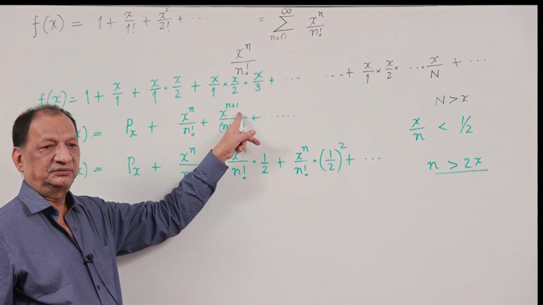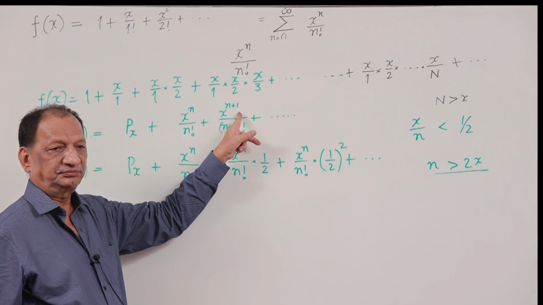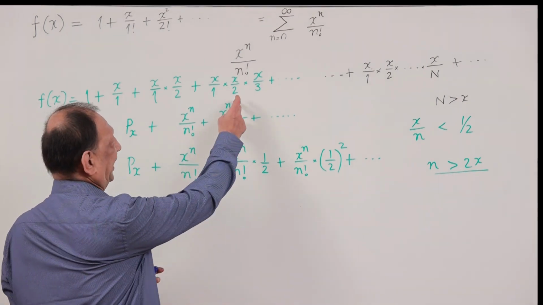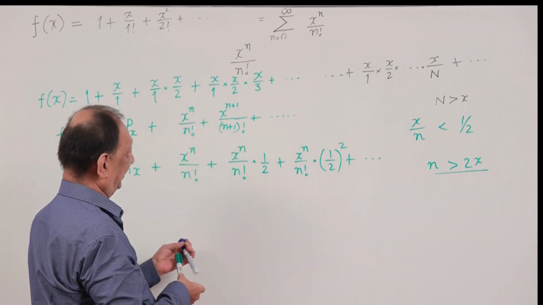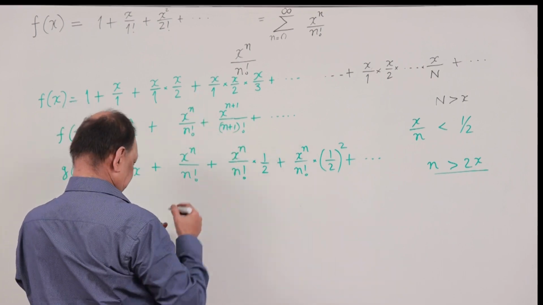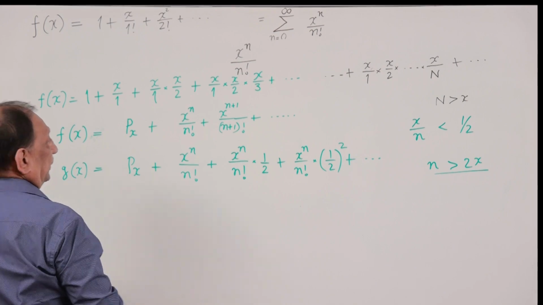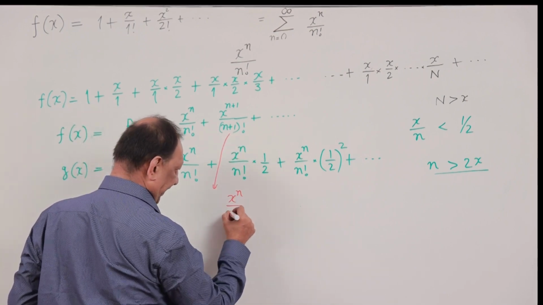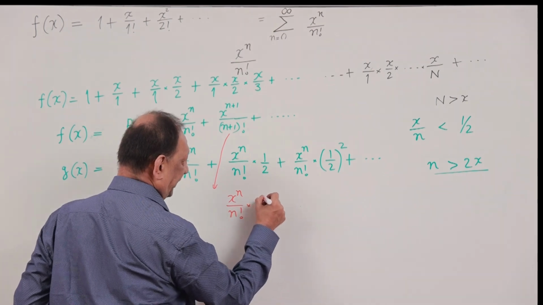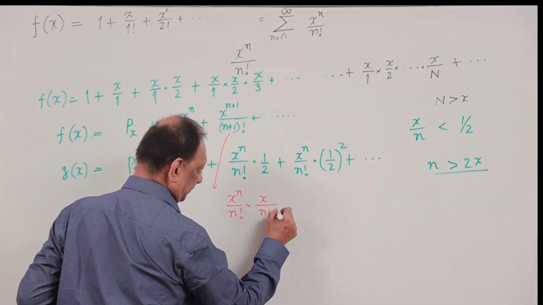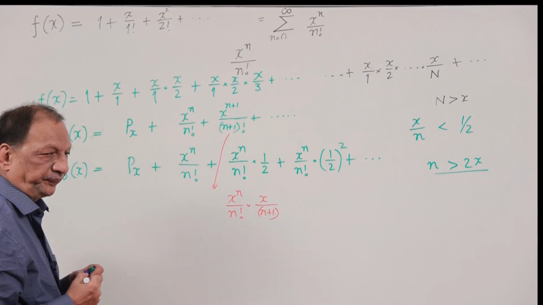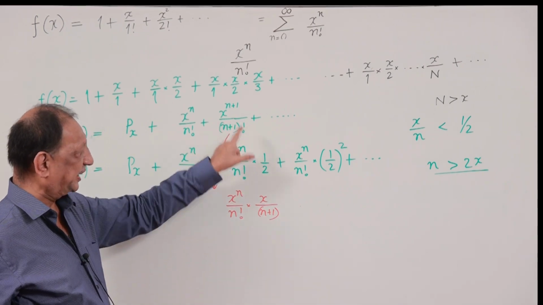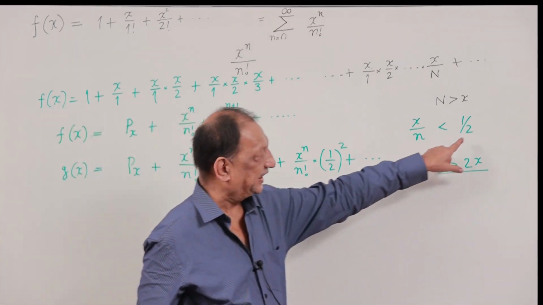So now each multiplication I am doing for these terms is more than what is here. Correct now? What is x power n plus 1 by n plus 1 factorial? I'll write that separately and show you. This was x power n by n factorial multiplied by x by n plus 1. Correct? So we are multiplying this x power n by n factorial by x by n plus 1, which happens to be less than half.